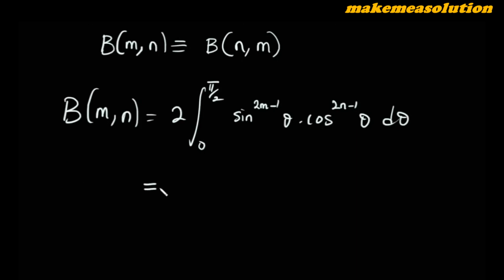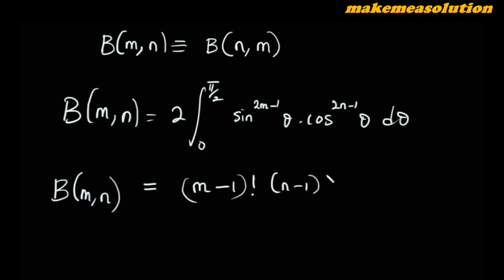Now, through the trigonometric representation of the beta function and through what we call reduction formulas in integration, we have been able to derive that this beta function is the same thing as (m minus 1) factorial times (n minus 1) factorial divided by (m plus n minus 1) factorial.